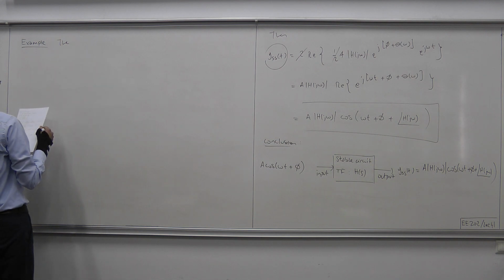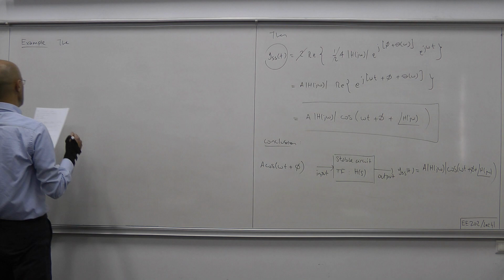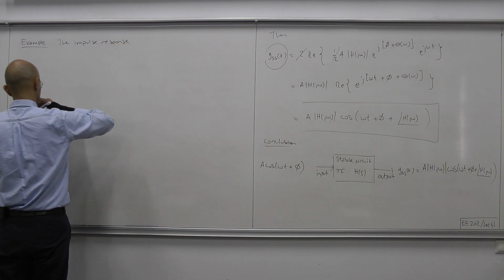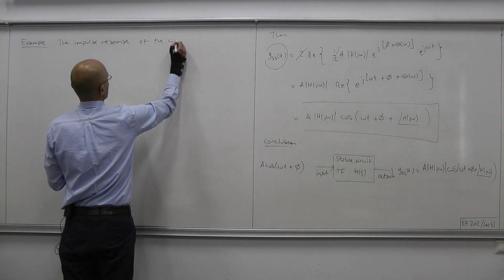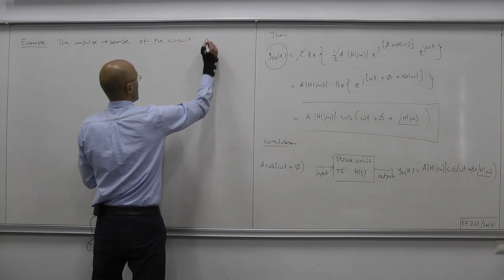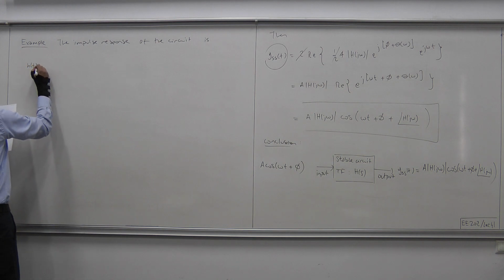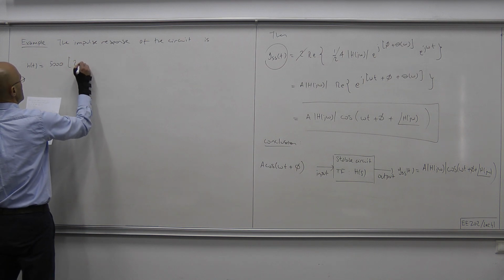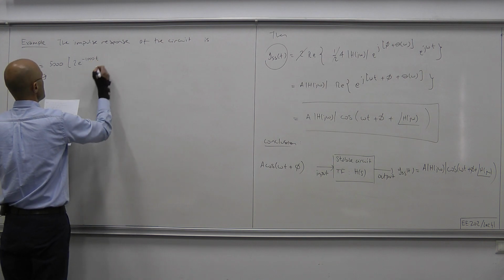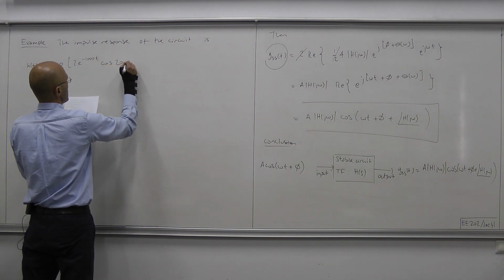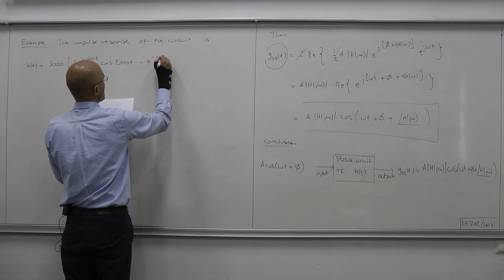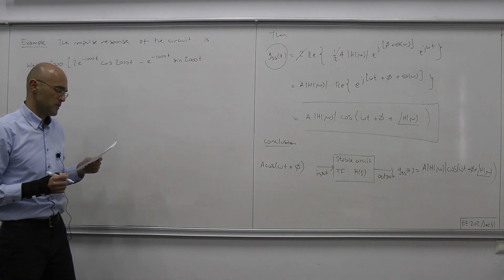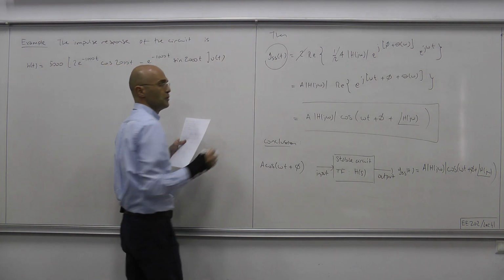The impulse response of some circuit is recorded as h(t) equals 5,000 times [2e^(-1000t) cos(2000t) minus e^(-1000t) sin(2000t)] times the unit step u(t).